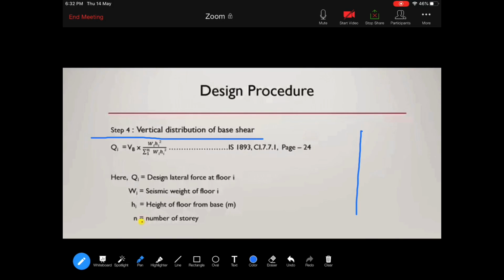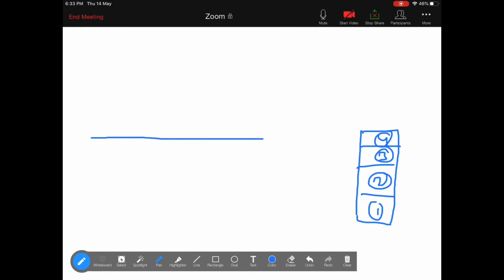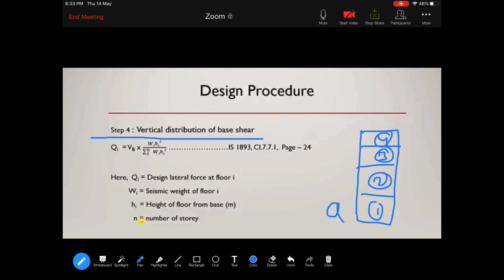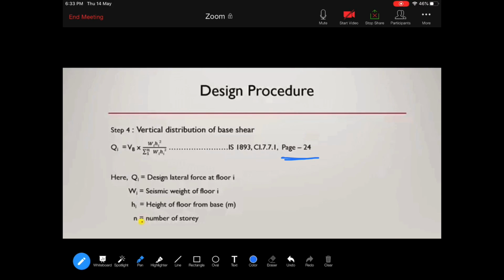Next one is step number 4, vertical distribution of base shear. What is the base shear force on every story of the building? So we find out the value of base shear for every story, like Q1, Q2, Q3, Q4 for every story. This is also given in page number 24, IS 1893 clause 7.7.1.